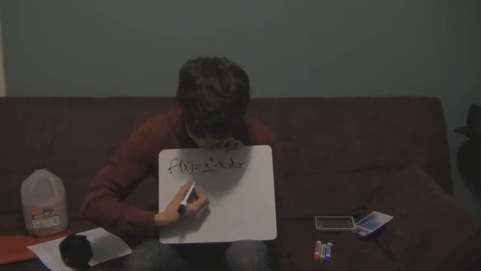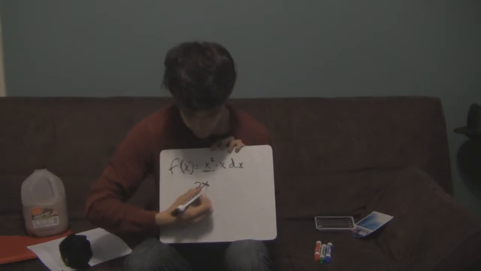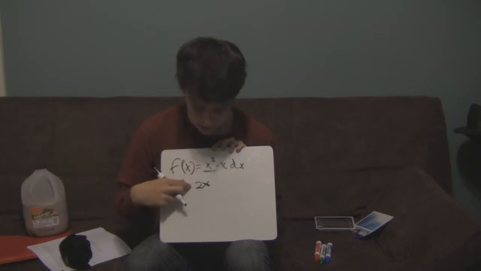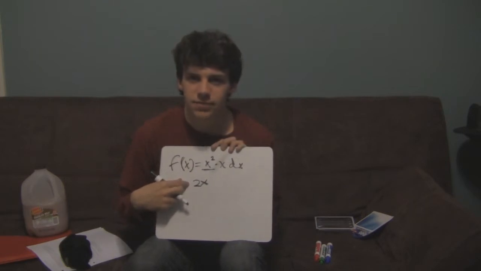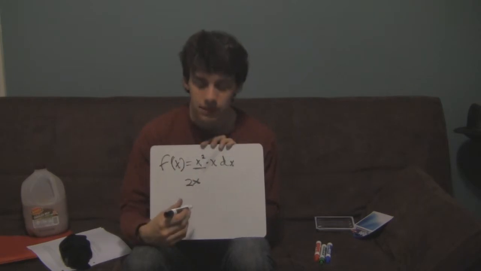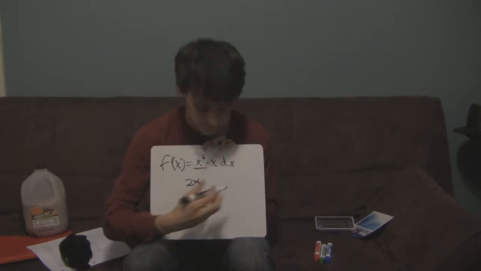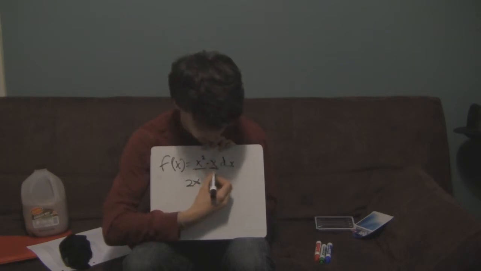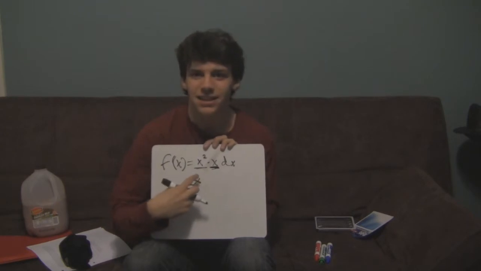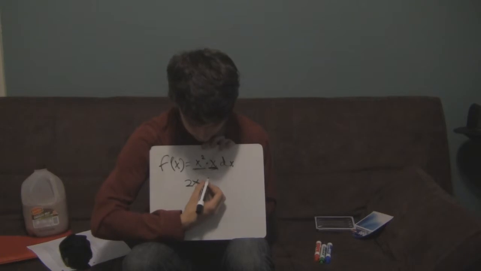So I'm going to try to write this upside down. Oh god. Okay. You're going to take the derivative of that and put it down on your piece of paper or whatever, and then you're going to times it by the regular, not derivative, just the regular second thing in there, which in this case is just x. I don't know what else to call it. So you have 2x times x.